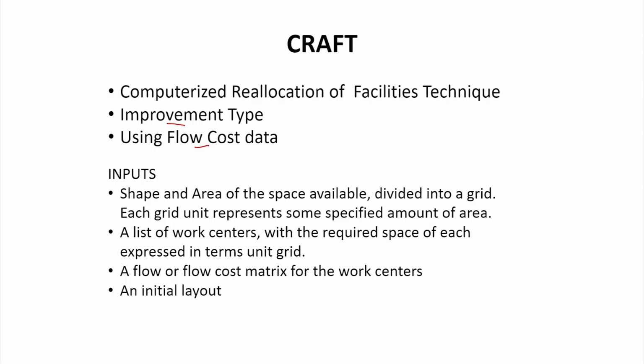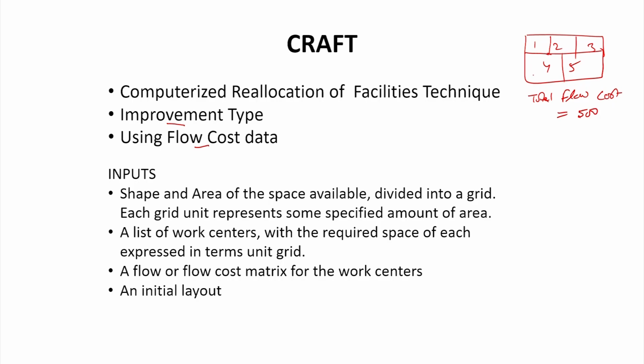In this case we give one initial layout to the software, and then it will calculate the total flow cost. Let us say again in the same example the total flow cost is 500 units. Total flow cost is distance multiplied by the number of trips and the cost per trip, that is, the cost per trip multiplied by the number of trips between the two departments, with all combinations taken together.